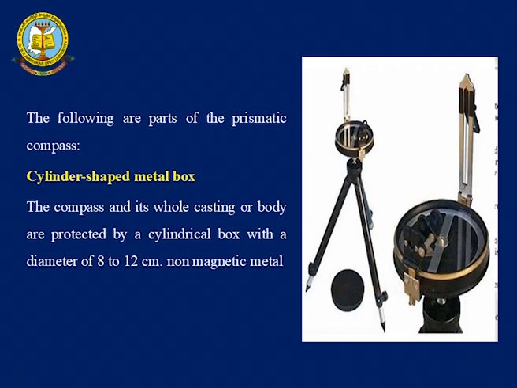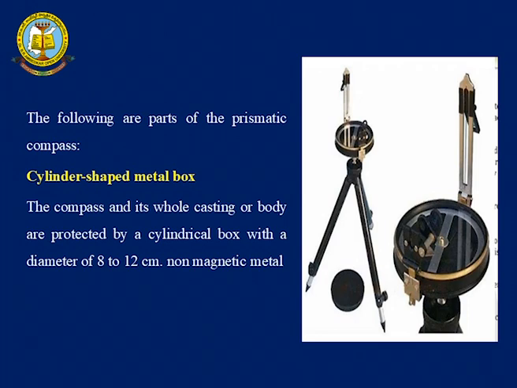You can observe here the cylinder shaped metal box. This compass is a whole casting body protected by a cylindrical box with a diameter of 8 to 12 centimeters, made of non-magnetic metal. So this is the first part.